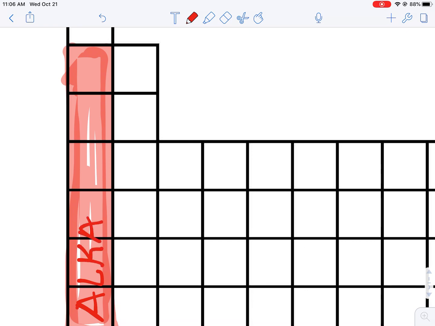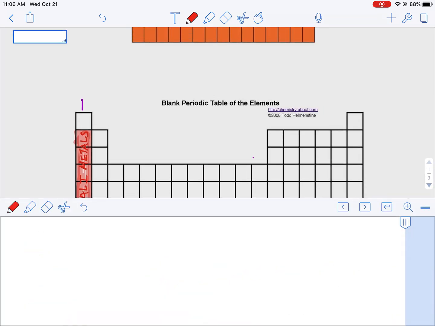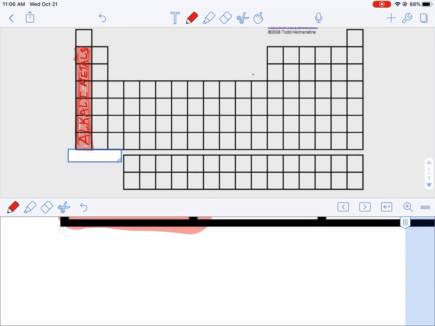Alkali, A-L-K-A-L-I, metals, alkali metals. And if we think back to our homework from the other night, all of these elements had the S1. Maybe it was 1S1 or 3S1 or 4S1, but they all had S1 as their valence shell electron configuration.